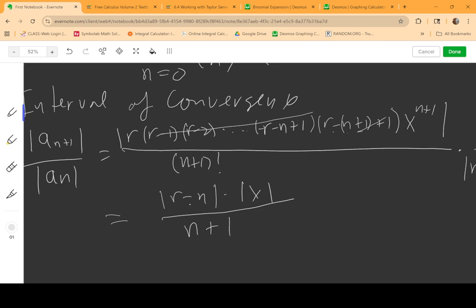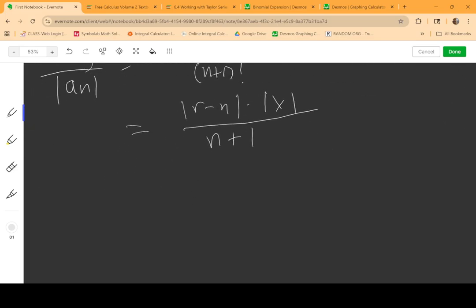Okay, and here if I take the limit as n goes to infinity of a sub n plus 1 over a sub n, the ratio test, we get the limit as n goes to infinity. x does not depend on n.